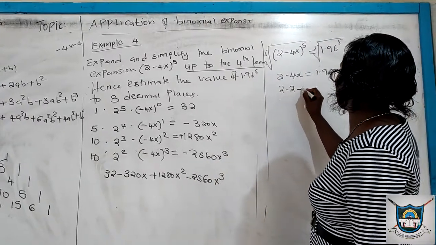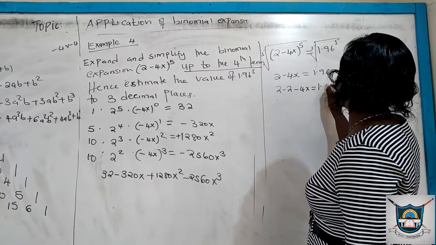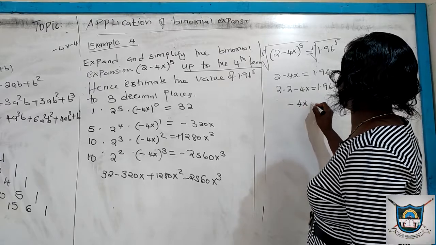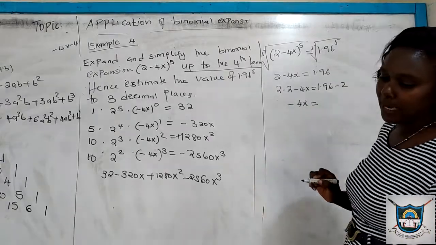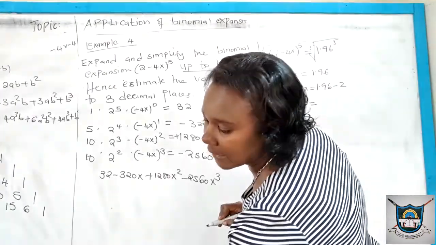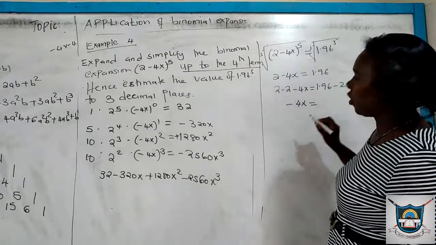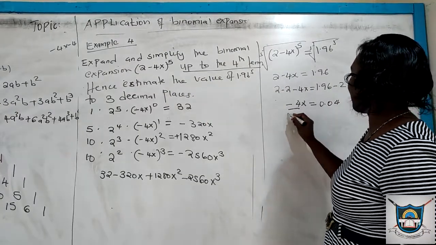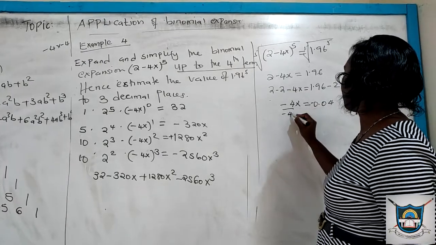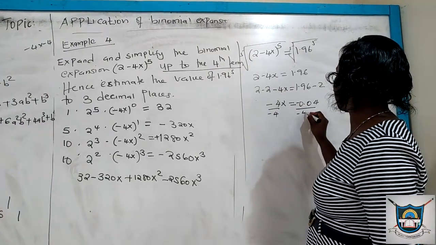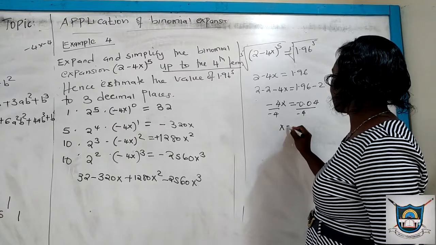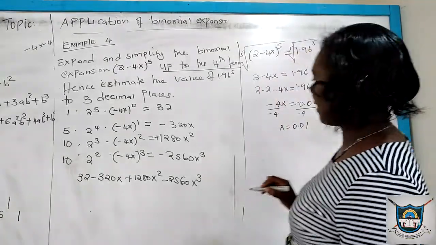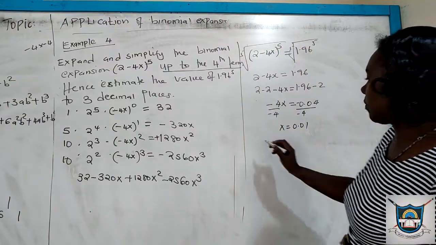So minus 4x is equal to 1.96 minus 2, so we'll be left with minus 4x is equal to 0.04. We divide everything by negative 4. x is going to be 0.01. So now where we have x, we will put 0.01.